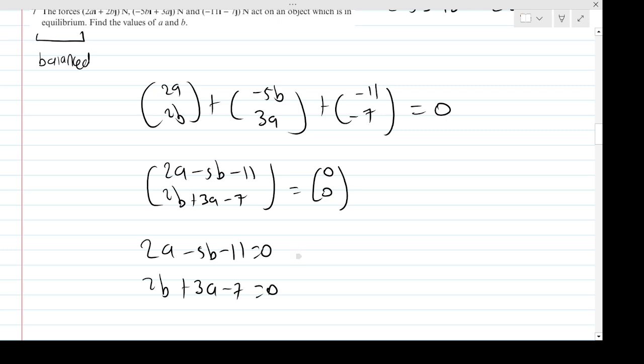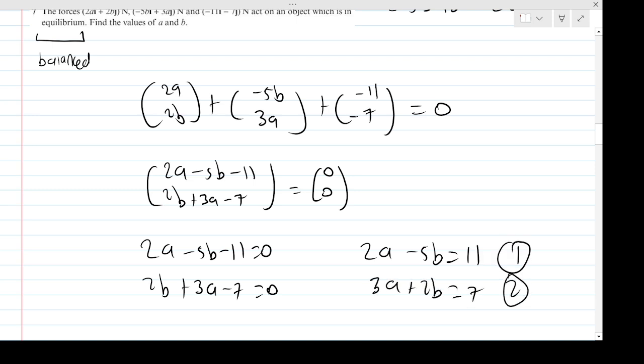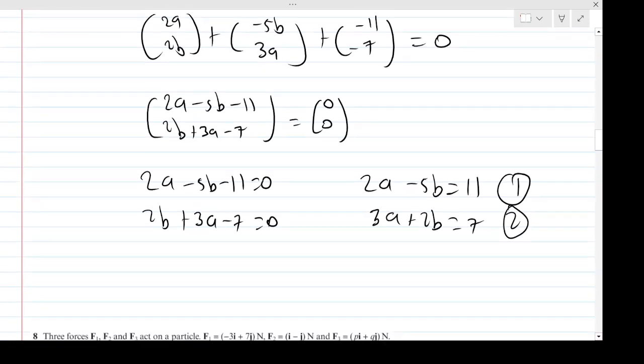So we get these simultaneous equations, right? So 2a minus 5b equals 11. And 3a plus 2b equals 7. Okay, so at that point we just solve these simultaneous equations. You can do that however you want. So I'm probably going to use elimination. So I'm going to want to make the a's match.